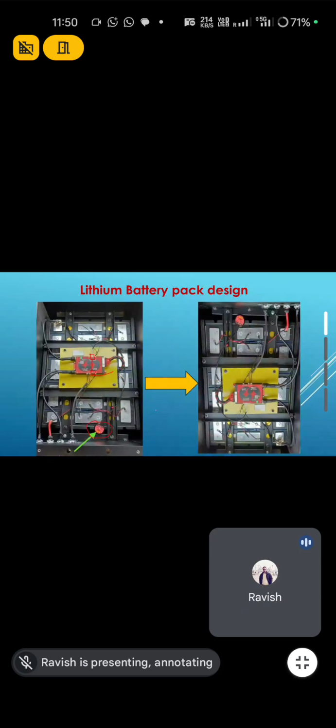But if a battery is installed where there is direct sunlight, when sunlight goes on the battery, there is a problem on the battery side. Your cell bulges and the cell vent opens. When your battery overheats, there are two types of temperature.